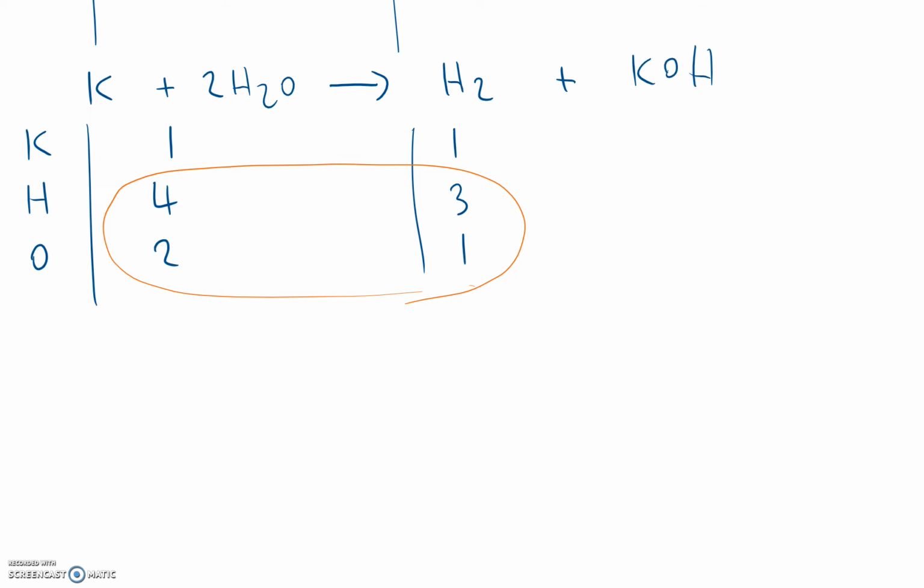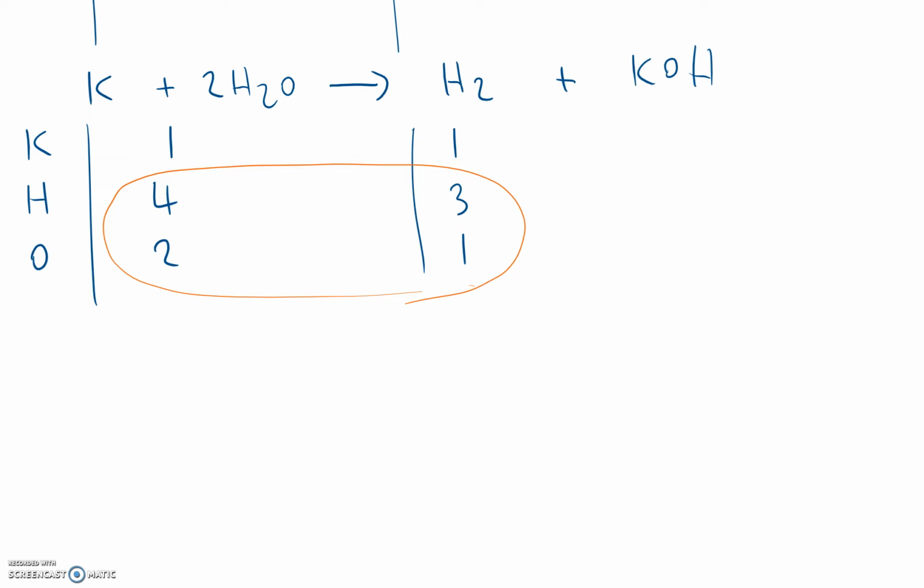So what I do is I simply look at my first row, which is the middle row, which is hydrogen, and what I'm going to do is increase one of my species on the right side by adding a coefficient. Now I also notice that with oxygen I have 2 on the left and I have 1 on the right, so I need 2.